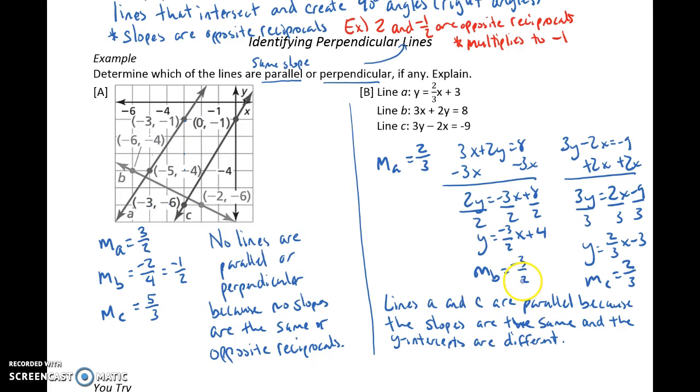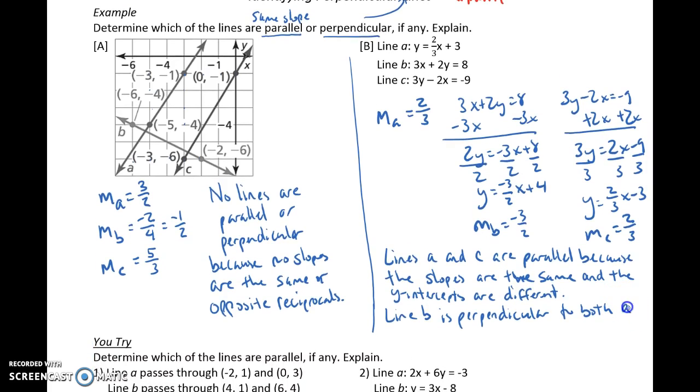So that means B is perpendicular to both A and C. So you can either say that they multiply to -1 or tell me that they're opposite reciprocals. Either one would be fine. Okay? So again, we want to focus on slope. If they're the same, also take a look at the y-intercept. And if the slopes are different, just double check, do they multiply to -1?